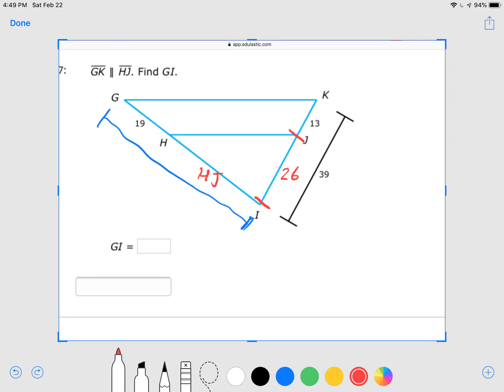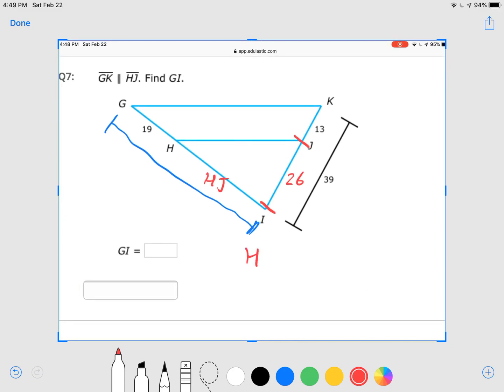So we're going to use the triangle proportionality theorem. So we're going to write a proportion where we're not even comparing entire sides. So we're going to do HJ is to 26 as 19 is to 13. Okay, so let's go ahead and solve for HJ. So we're going to multiply this side by 26. This cancels out. Multiply this side by 26.